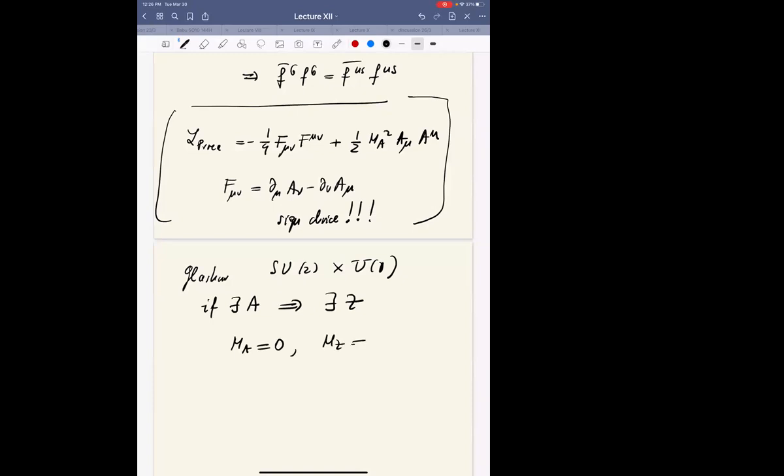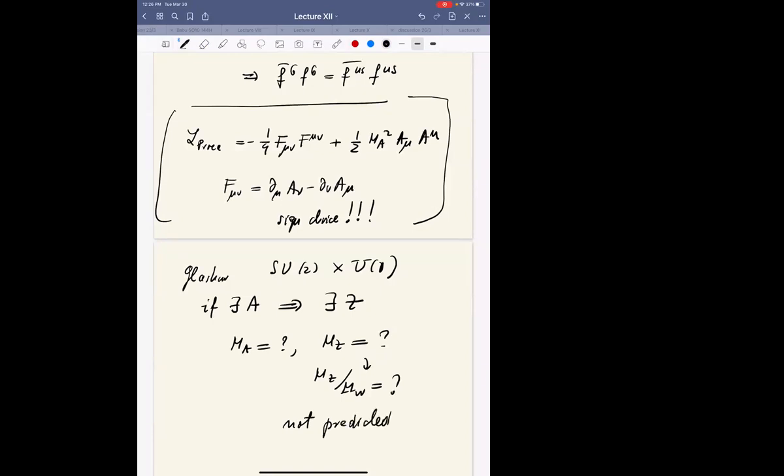I don't know what the Z boson mass is. To be precise, I don't even know, says Glashow, what is mZ over mW. No, not zero. I wanted to write a question mark, I'm sorry. By this, really, I mean the following, that mZ over mW is a question mark, not predicted.